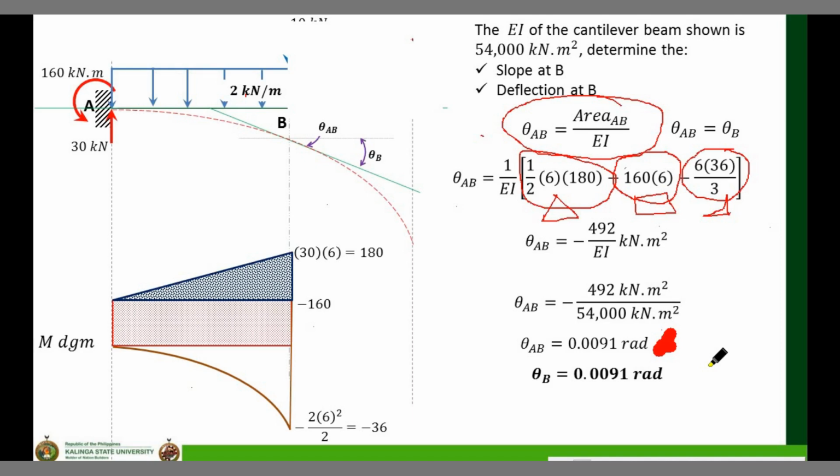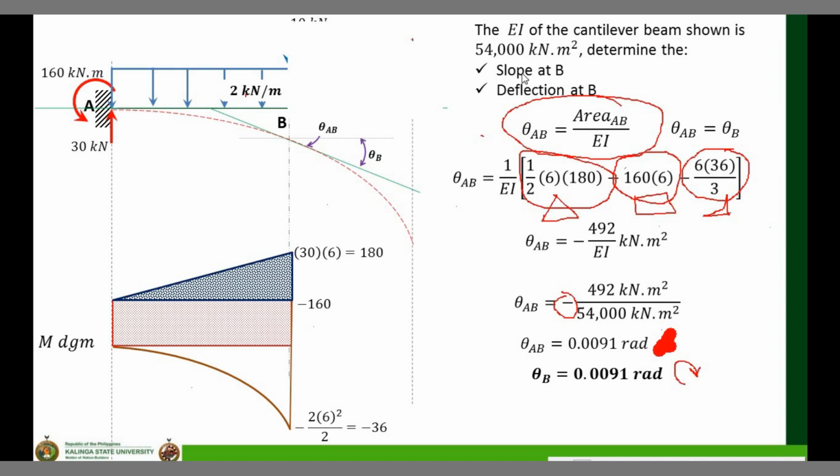Okay? So, the direction of my slope, since my answer is negative, and our sign convention for slope, a negative value is clockwise.